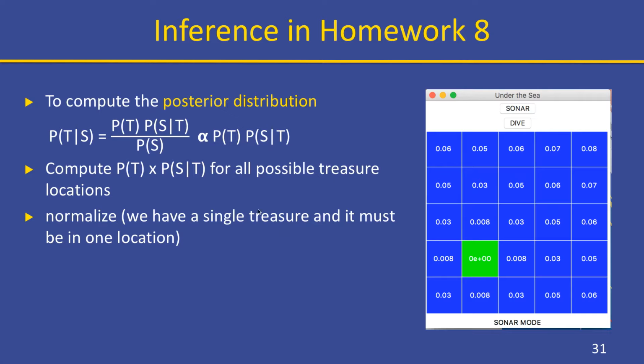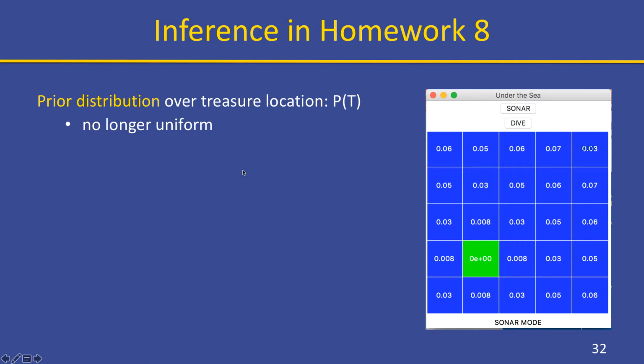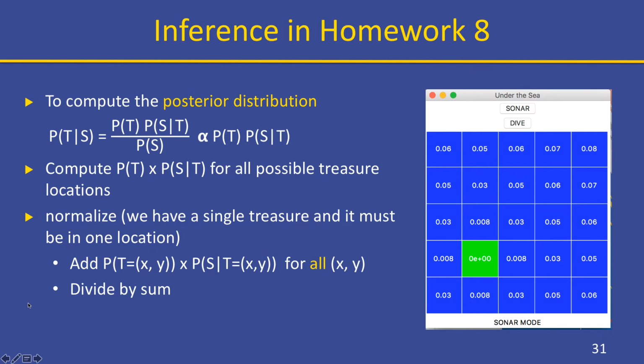So we compute the sum of this product over all the treasure locations, and then we divide the product by the sum, and we get the posterior probability that we wanted. That's the probability of the treasure after the reading, given the green reading.